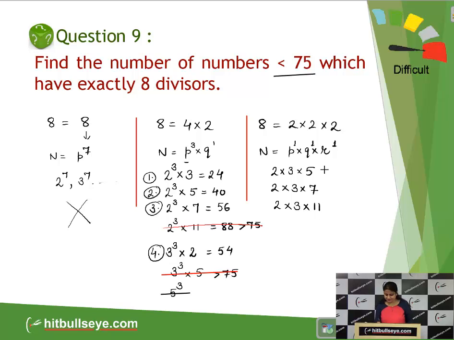Yes, they are permissible. We can check the values. The first value is 30. The second value is 42. The third value is 66. If we move further, it will be more than 75. We cannot consider it, so this is dropped.